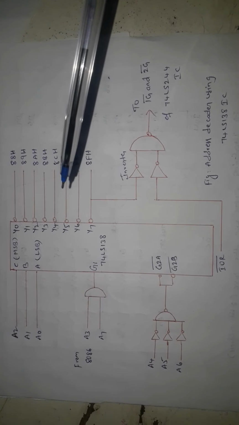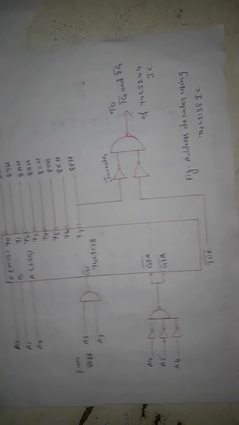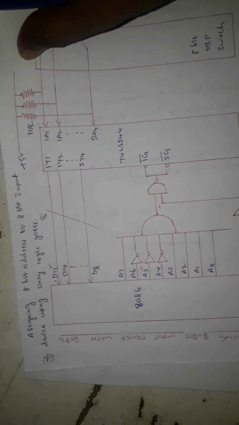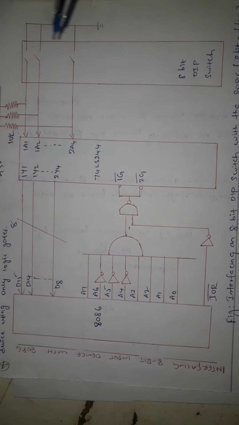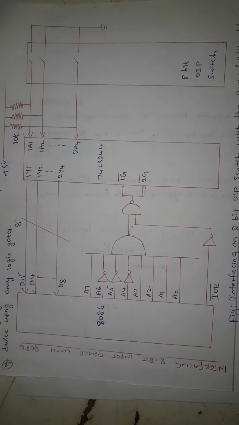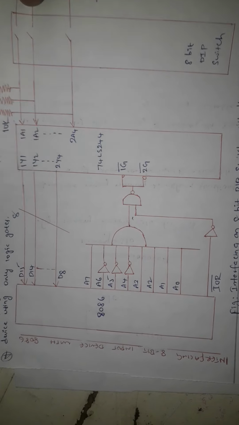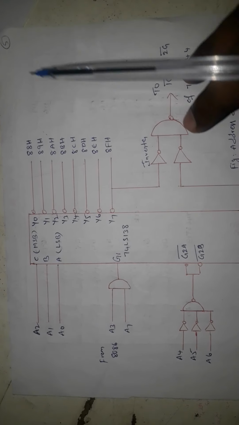The same that we have done here, assigning the 8F address to the switch through the 74LS244 IC, the same 8F address can be assigned to the switch through the decoder.